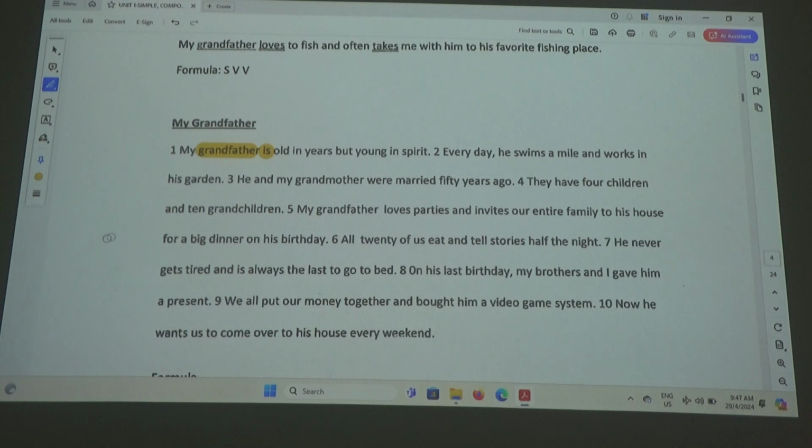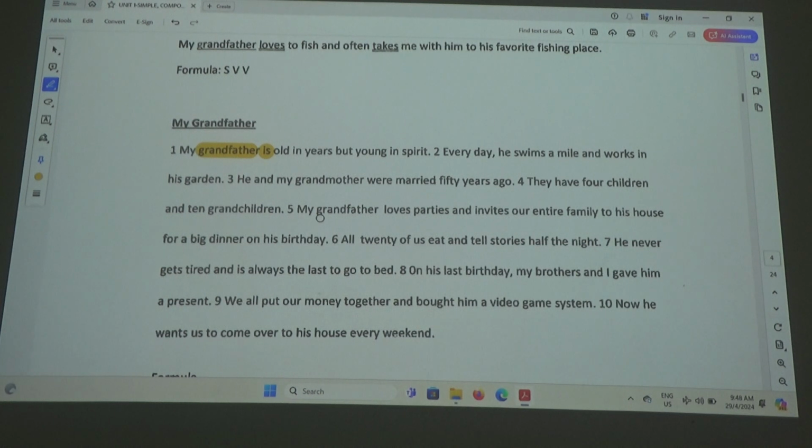Number 4. They have 4 children and 10 grandchildren. Try here. Subject. They. Verb, have. So S, V. Is that okay? Clear now? That's it. Okay, number 5. My grandfather loves parties and invites our entire family to his house for a big dinner on his birthday.